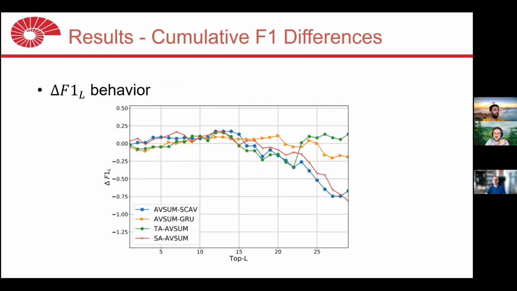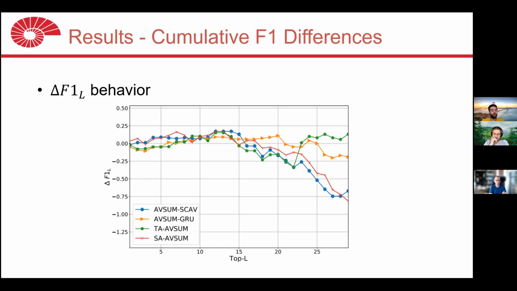So let's move on to the behaviors of the architectures for the maximization of the F1 criterion. Here, what we are expecting from the architectures is to have a better performance until we are losing the affective content, and then a worse performance than the original baseline.